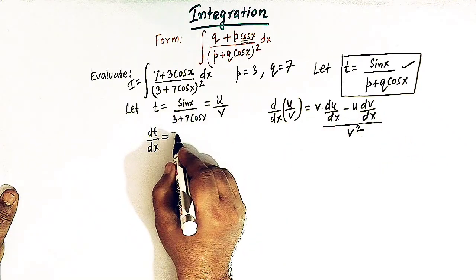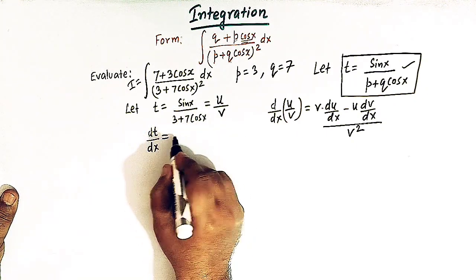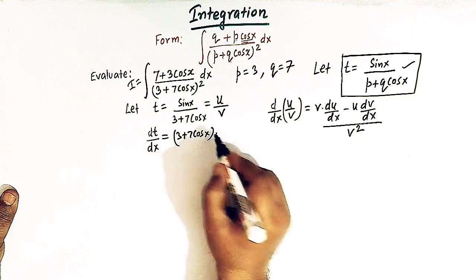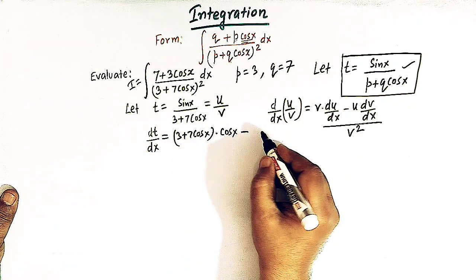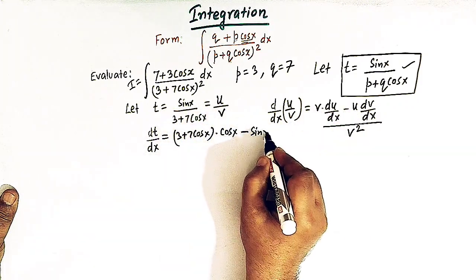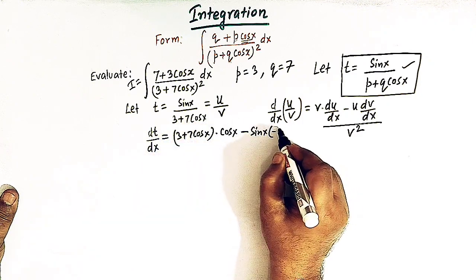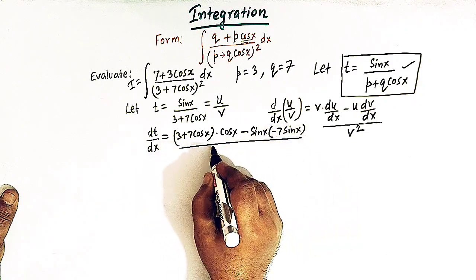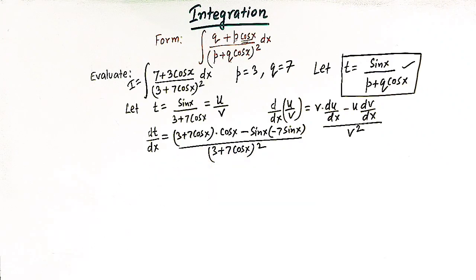Now u is sin x and v is 3 plus 7 cos x. So we have 3 plus 7 cos x times the derivative of sin x, which is cos x, then minus u, which is sin x, times the derivative of 3 plus 7 cos x, which is minus 7 sin x, and in the denominator 3 plus 7 cos x whole square.